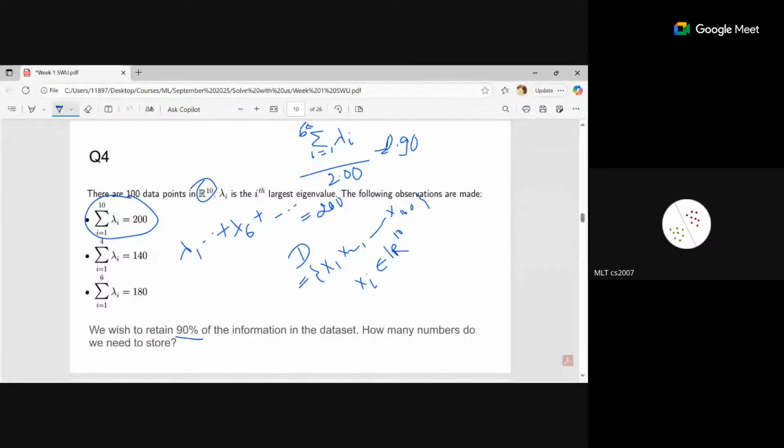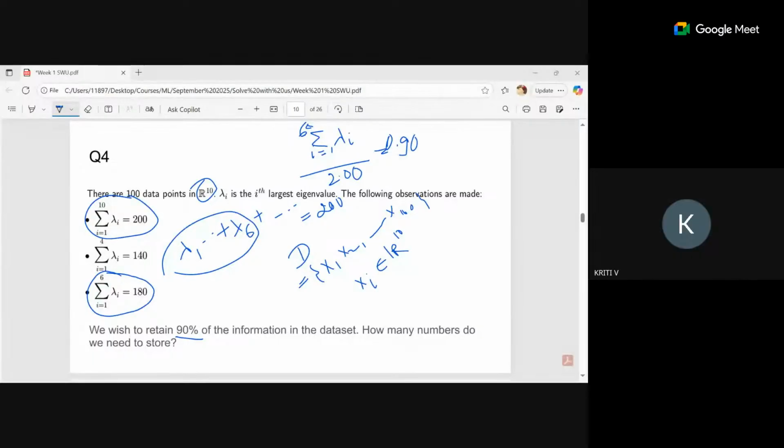But the sixth eigenvalue is already making it 180. So if you take i to be 6, just using these six eigenvalues, you are retaining the 90% information. Is it clear till here, why i has to vary from 1 to 6?